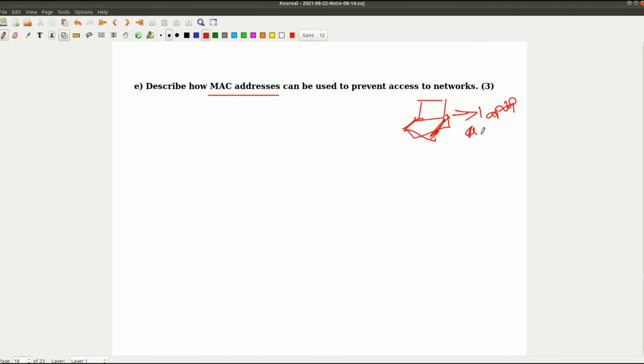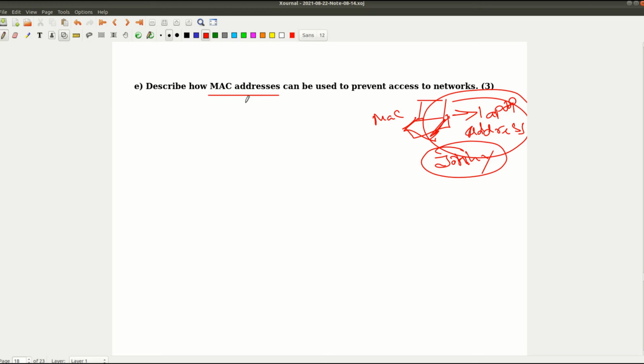In this way we recognize a certain laptop, like if your name is Johnny, we recognize you by your name. When people make the laptop, they provide a MAC number which is unique for each and every computer. So in this way you can identify the MAC address of your laptop.